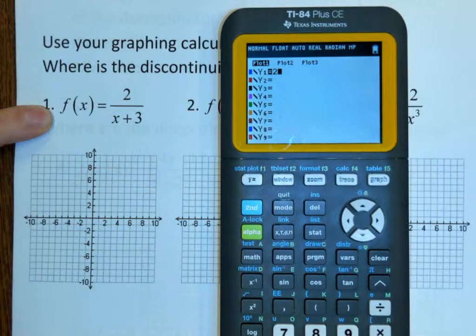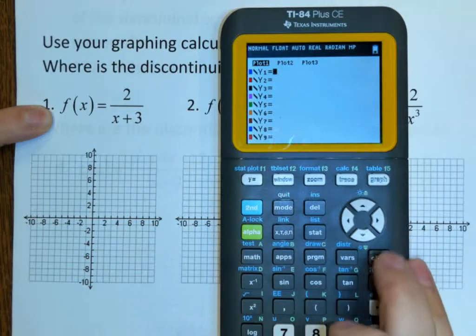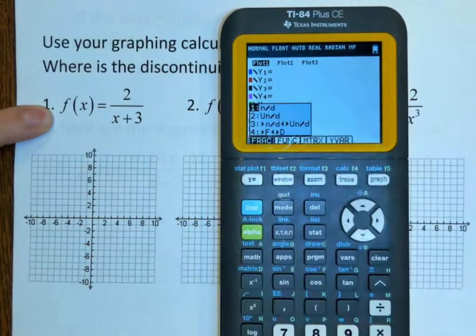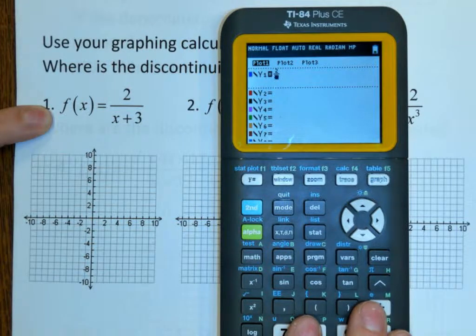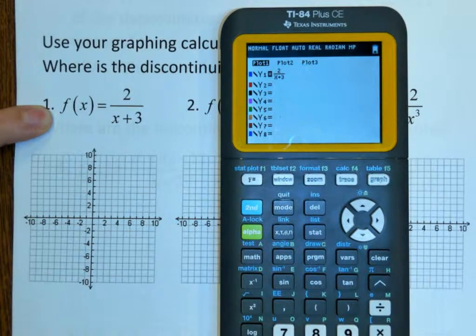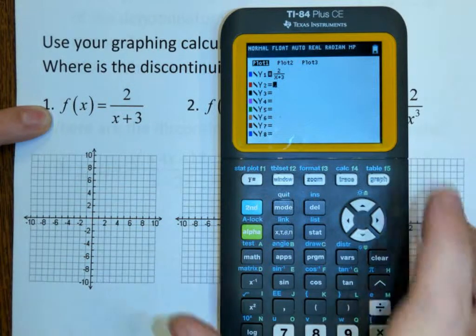You can either do 2 divided by parenthesis x plus 3, enter, or you can do alpha y equals and do 2 over, it's not plugged in, over x plus 3. Either one is okay. Y'all good on that? All right.